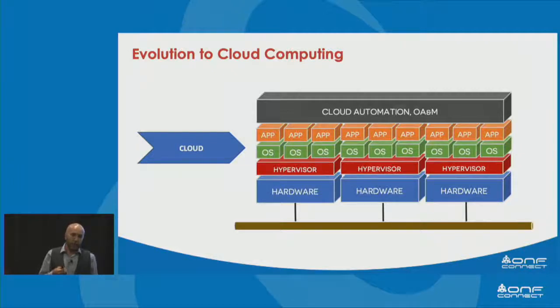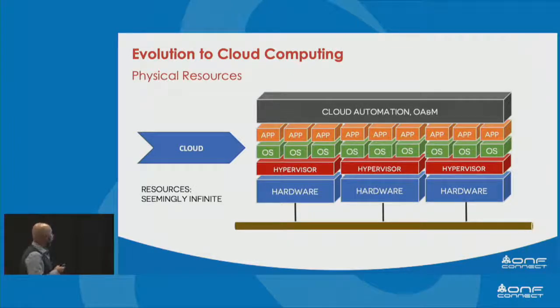That cloud automation platform is also where the cloud operators monetize this. In this, we have the underlying assumption that resources are seemingly infinite. And when we talk about resources, we can talk first about physical resources. They would be storage, compute, and networking.